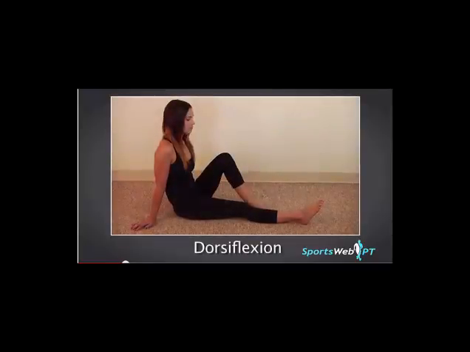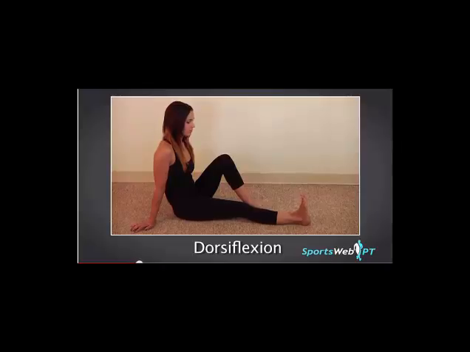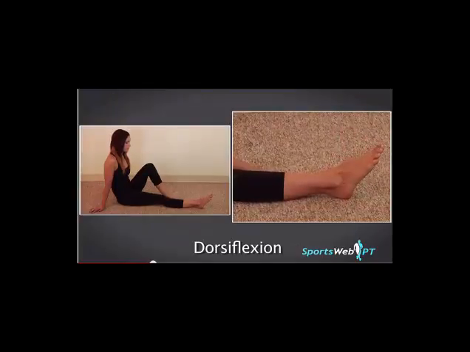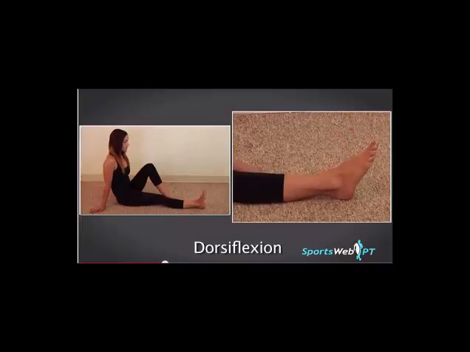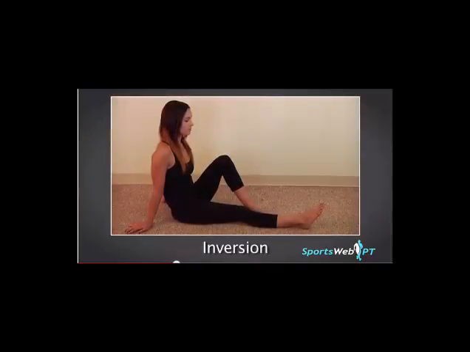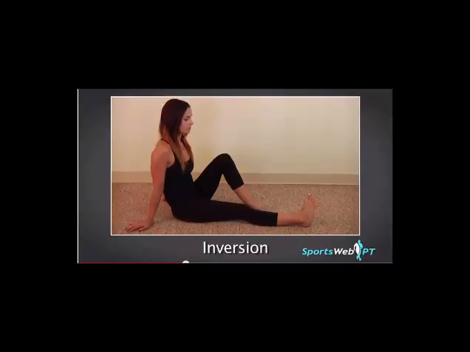In this slide, we see a woman performing active range of motion of the ankle. Here she's doing what is called dorsiflexion, where she is bringing her toes towards her chin. She is doing this through voluntary motion. The next motion is ankle inversion. This is where she is turning her ankle in.